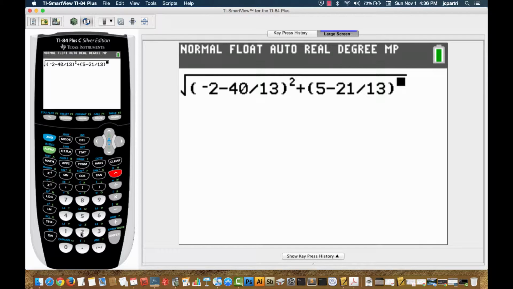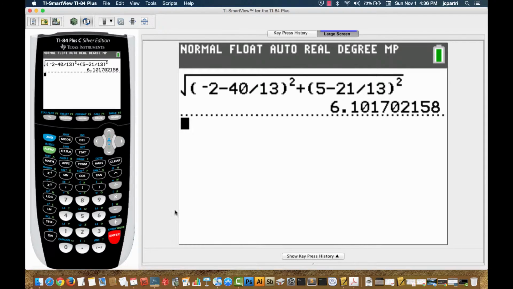And let's raise that to the second power. If you have a TI-84, it's as simple as typing in each expression. Hit enter, and that means the distance between the 2 points is roughly 6.10. 0 is in the hundredths place, and the 1 in the thousandths place is not enough to round up that 0. So the distance roughly between points P and Q is 6.1.